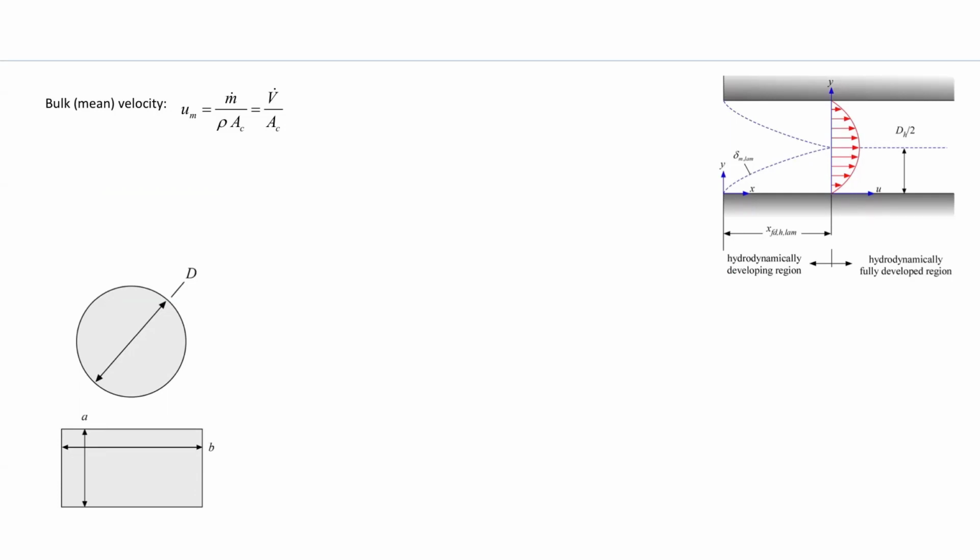The cross-sectional area is the area you see if you look down the duct along the axis. You can also express it in terms of volumetric flow rate, V dot. V dot would be meters cubed per second, whereas M dot is kilograms per second. Okay, so that's the bulk velocity.